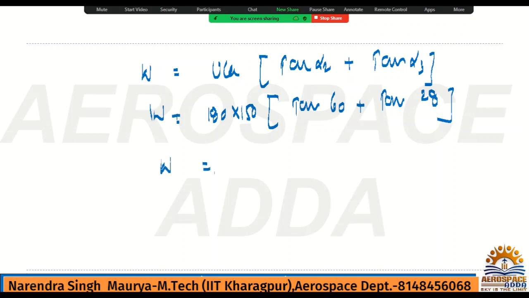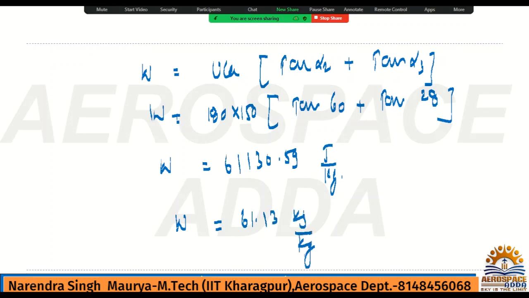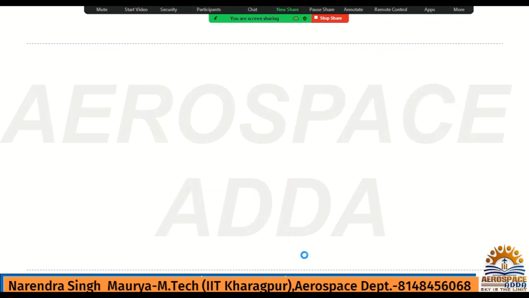If you calculate it, the approximate value of tan 60 plus tan 28, into 180 into 150, I'm getting 61130.59 joule per kg. Now divide this value by 1000, so it's 61.13 kilojoule per kg.